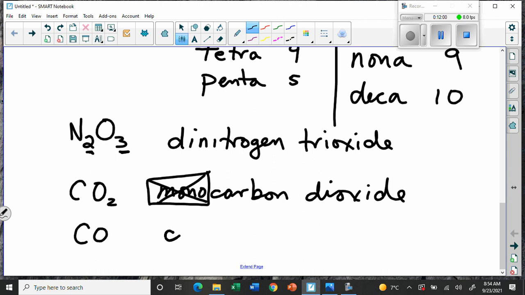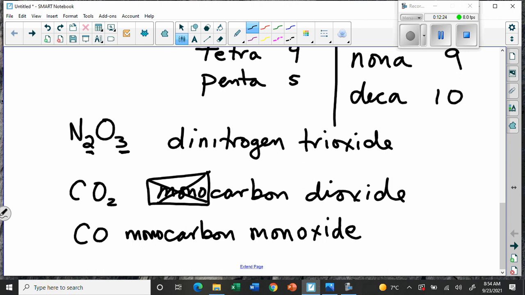So in this case, this one could technically be called monocarbon monoxide. So let me write that, monocarbon. And then when you have another vowel coming up after the mono, you tend to just slur it together and drop the O. So it's monoxide. Okay?